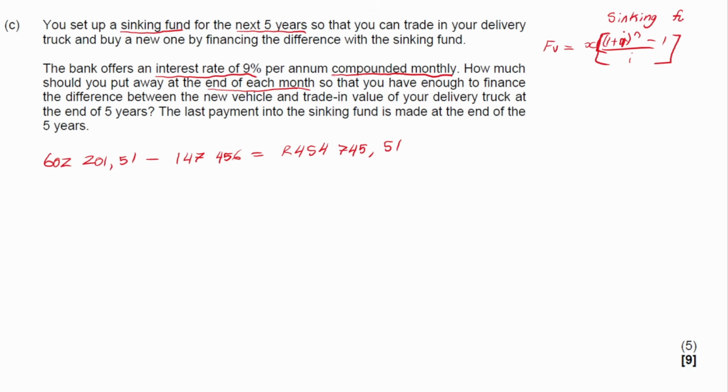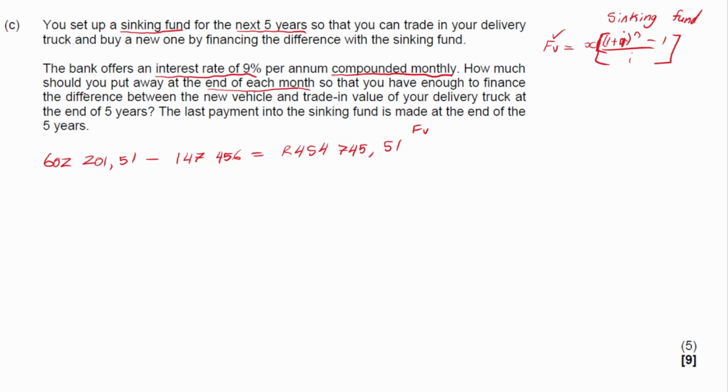We know how much we have to cover, so we know what the future value is, because this is how much we're going to have in the sinking fund after 5 years to cover the difference.